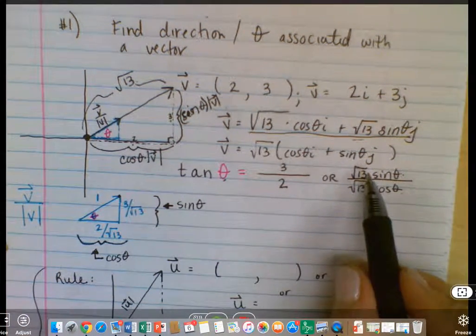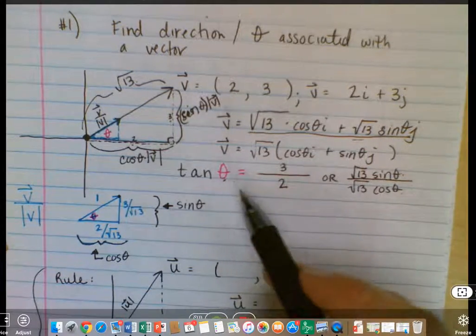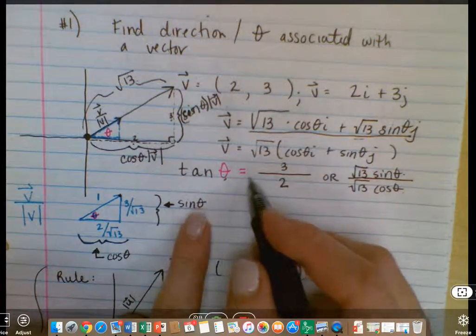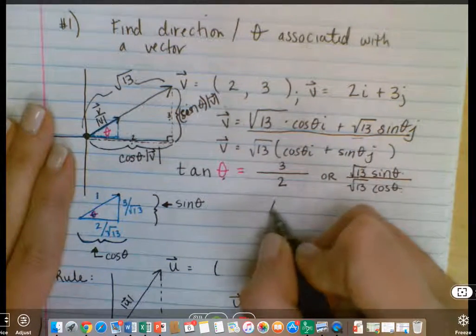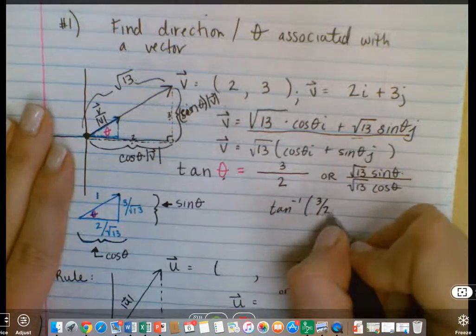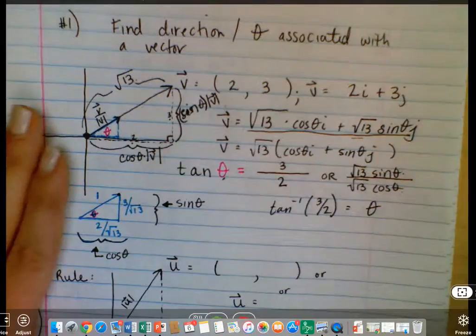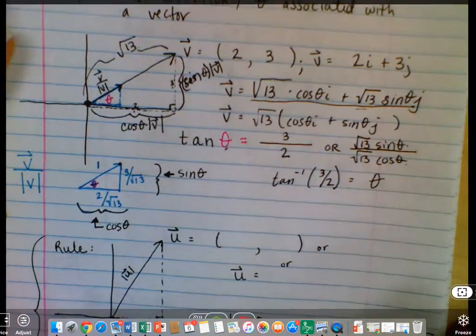So when I simplify root 13s away, I'm just left with sine over cosine equals tangent. So if I'm going to solve for theta, I would take the inverse tangent of 3 over 2, and that is the theta I'm interested in. You can use your calculator to come up with that value.